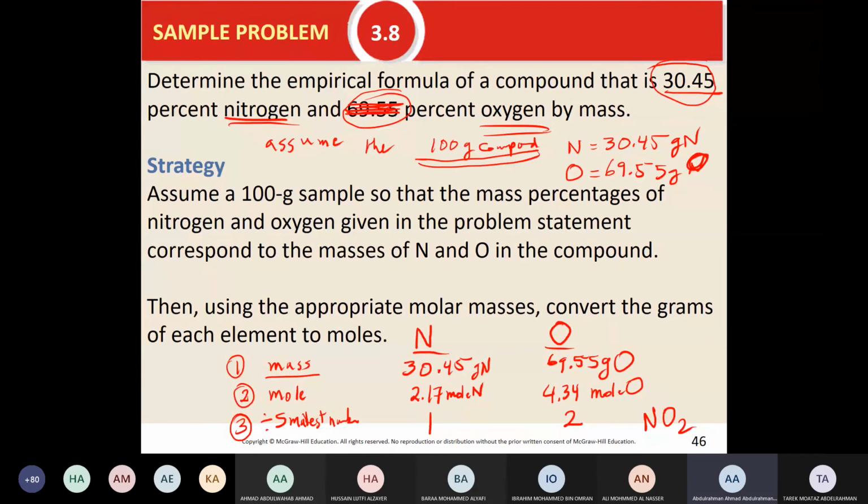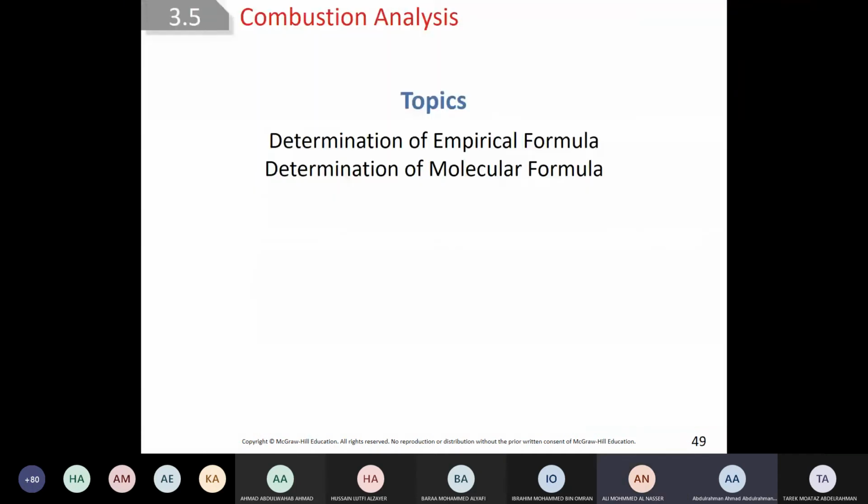Why did you put one here in NO2? One here and two here. That's why it is NO2. Is this clear? Oh, yes. Thank you.